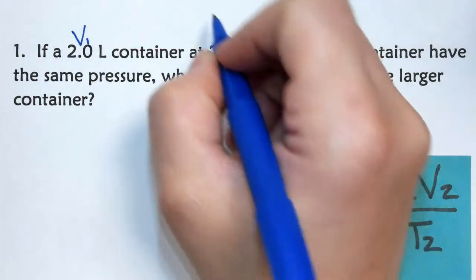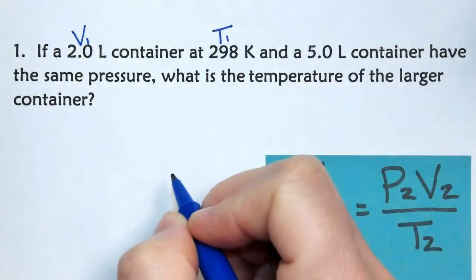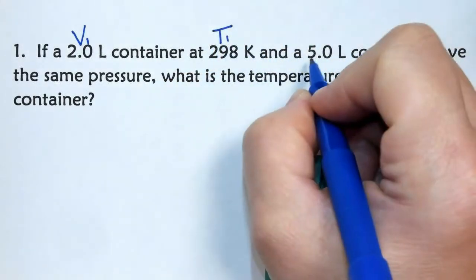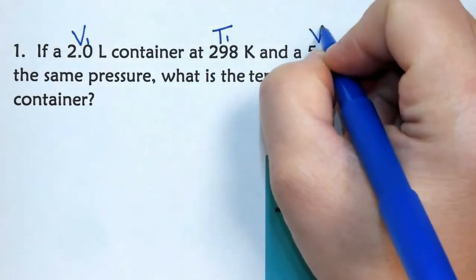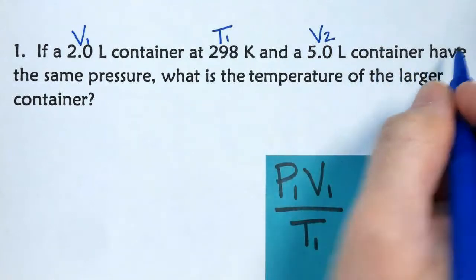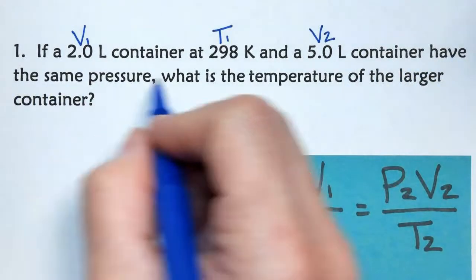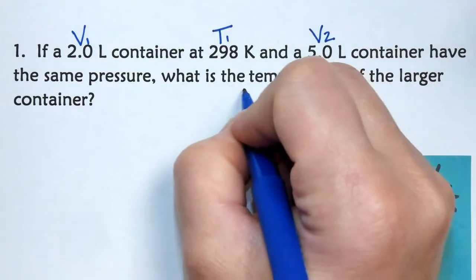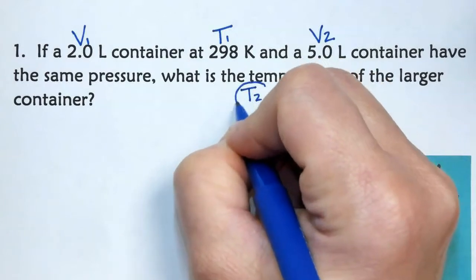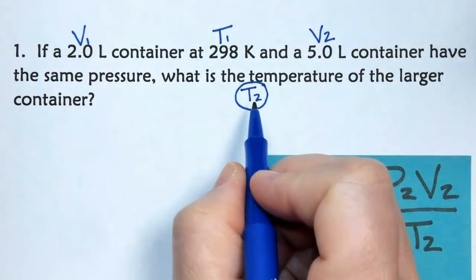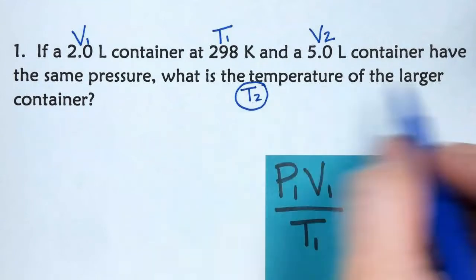That's the first temperature I've come to, so we'll call that T1. And this is now my second volume, so we'll call that V2, and it has the same pressure. What is the temperature? Because what is the temperature is what I'm asked to find, I'm going to write T2, and I'm going to circle it, so I know that's what I'm trying to solve for, of the larger container.